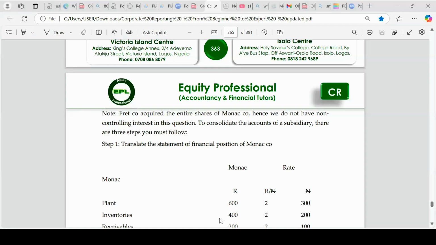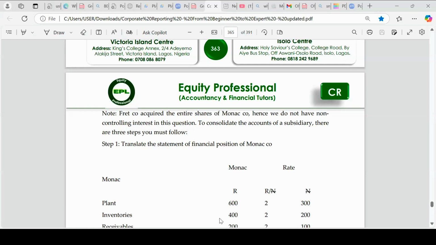You must have used it to establish the goodwill in your presentation currency. So if you keep changing it, are you going to keep going back to the calculation of your goodwill? You won't do that. So what you should do is just keep it at the historical rates, both the ordinary share capital and the pre-acquisition retained earnings.